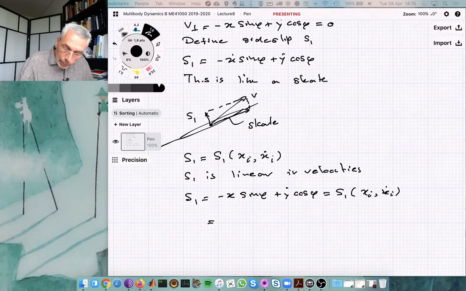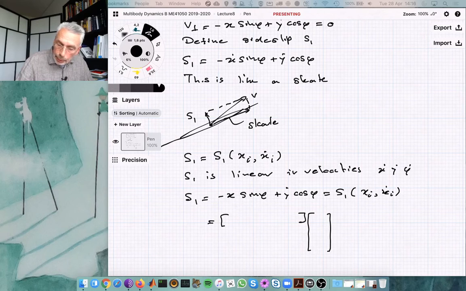So I can write it like a matrix times a vector. And the vector is this linearity in the velocities, x dot, y dot, and phi dot. By the way, phi dot doesn't appear in the equation, but that doesn't matter. And then the leading terms are minus sine phi, cosine phi, and here we have a 0.